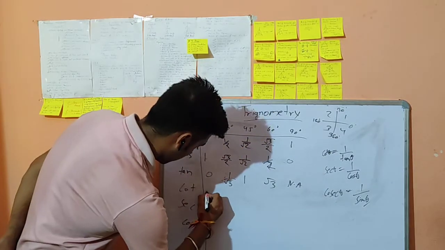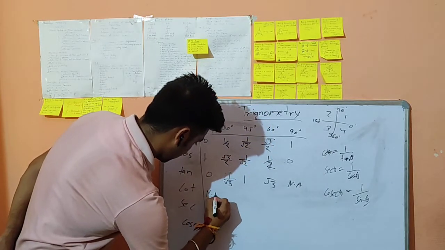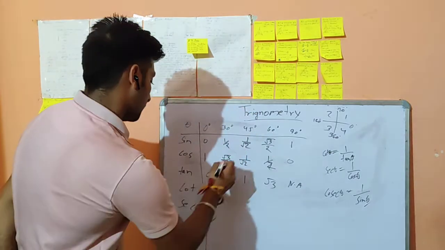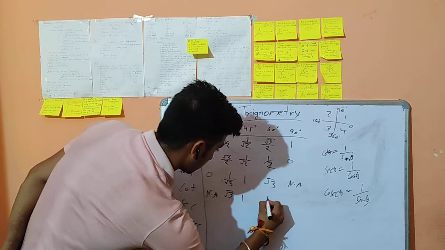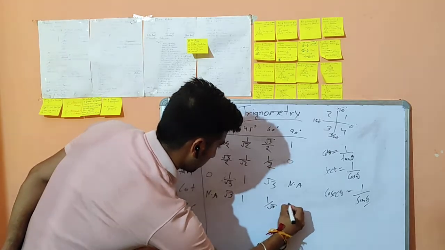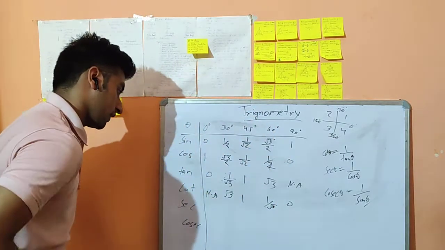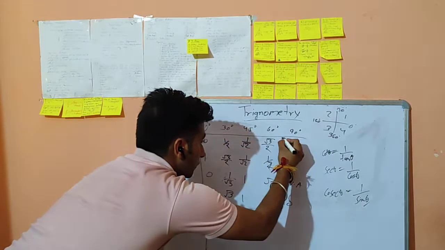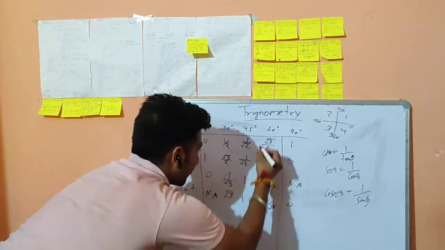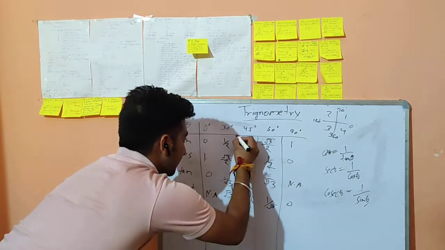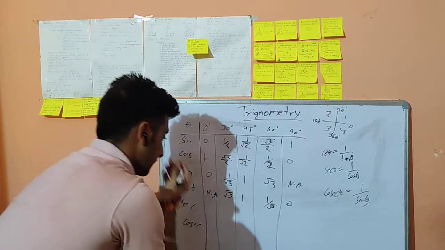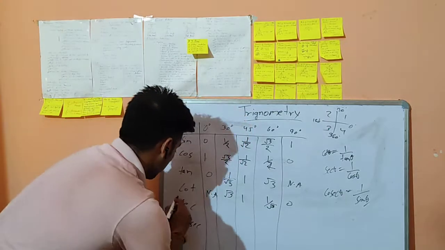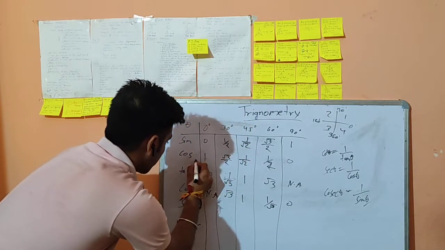So for cot, this is NA, that is no answer. This is under root 3. This is 1. This is 1 upon under root 3. And this is 0. For sec, please ignore my handwriting. I'm really sorry for this. For sec theta, it is opposite to this.